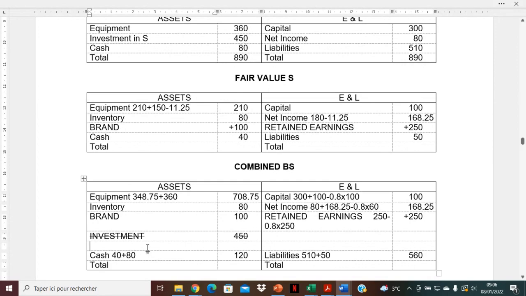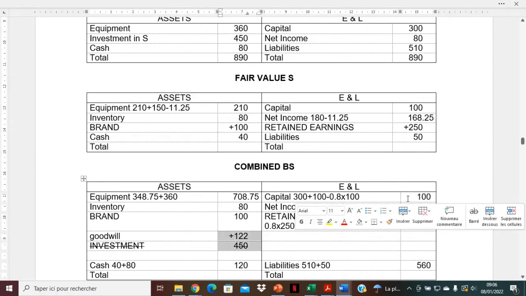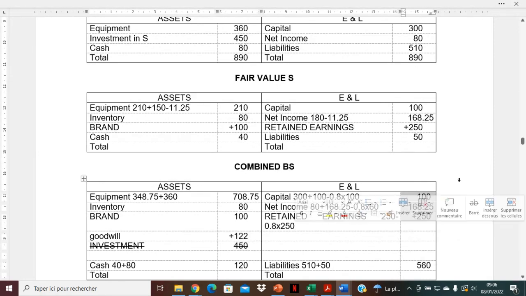Because goodwill is missing, and I need to introduce goodwill. The goodwill was calculated before as 122. So here I delete 328, and here I delete 328, and we are good so far.